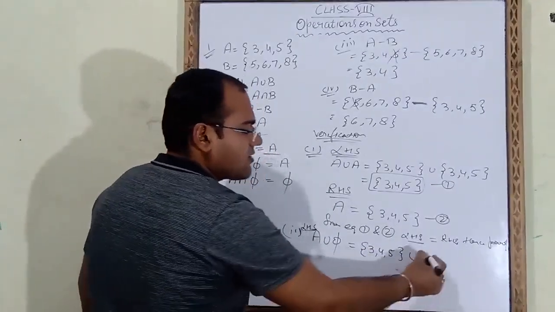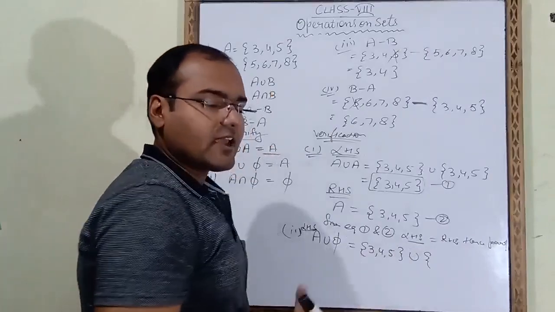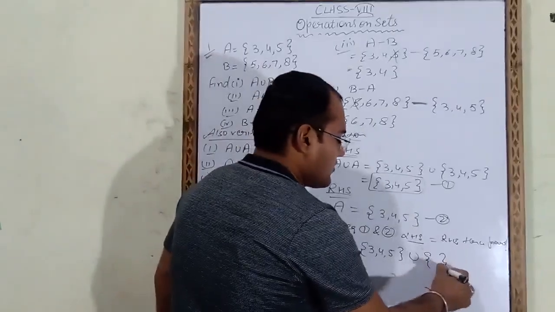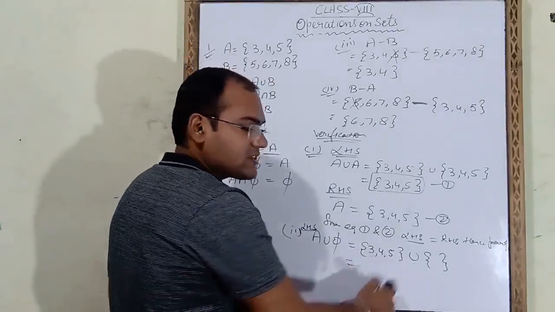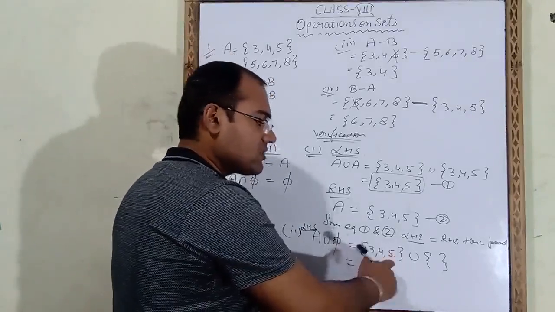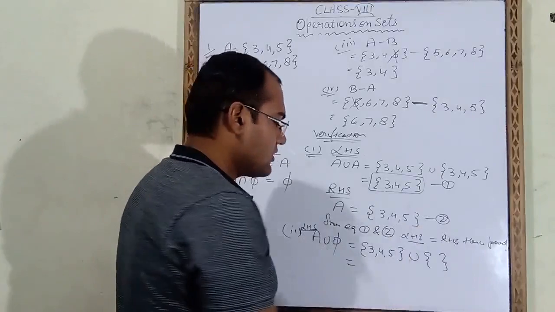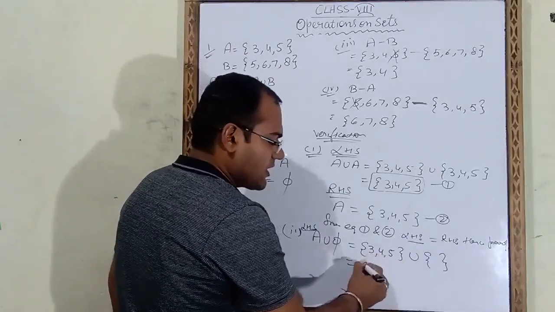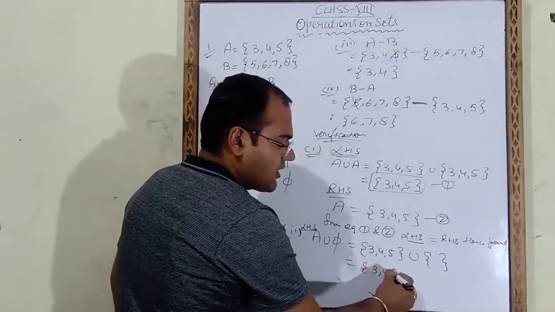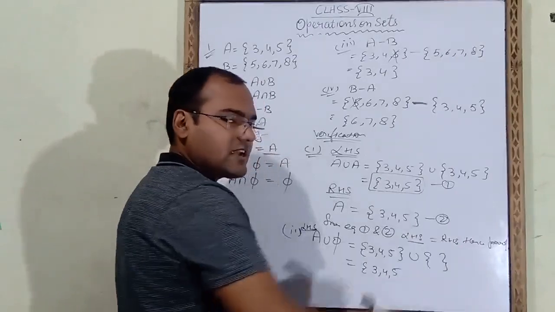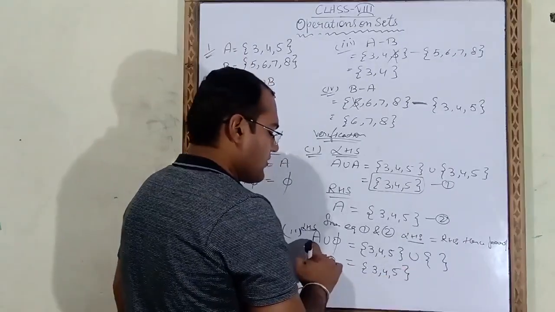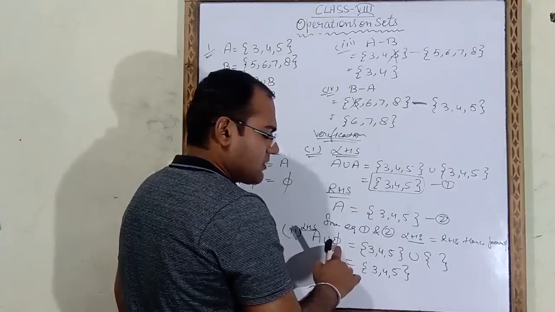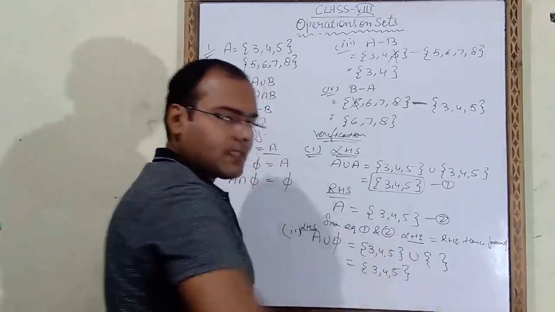Union phi, or it is an empty set. Empty set means nothing we have to write here. Now the union sign is coming. Union means these elements also and those elements also. So what elements are coming here? Here 3, 4 and 5 are coming, but in this set no element is there. So the answer of A union null set, empty set, is 3, 4 and 5.